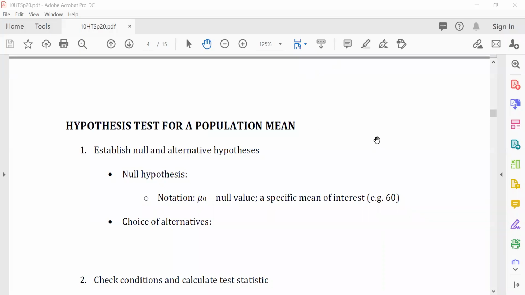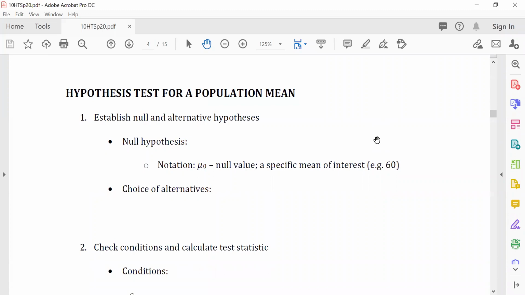Okay, in the last video, we talked about the general basic 4 steps to hypothesis testing. Since this handout is about the hypothesis test for population mean, let's specify in more detail those 4 steps when you're trying to do a hypothesis test for population mean.